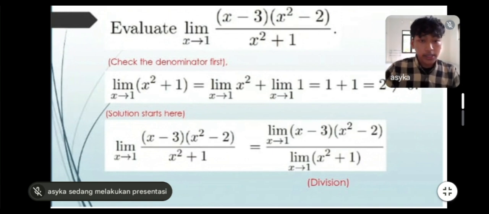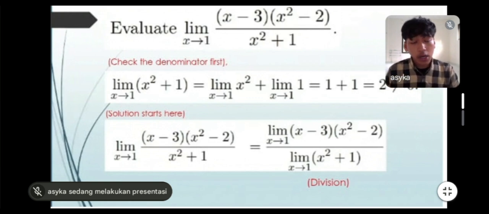Evaluate the limit as x approaches 1 of (x minus 3) times (x squared minus 2) over (x squared plus 1). Check the denominator first.